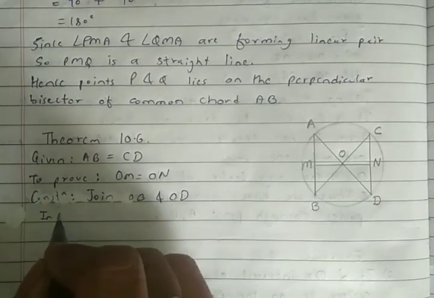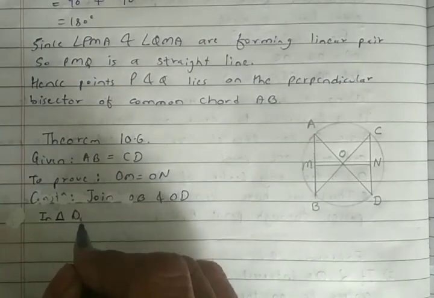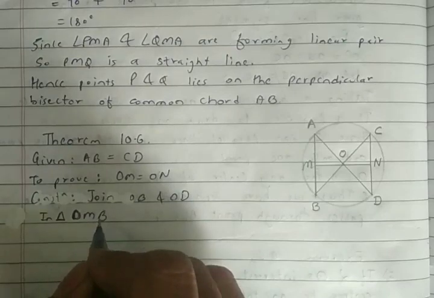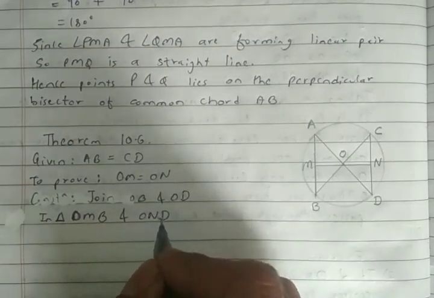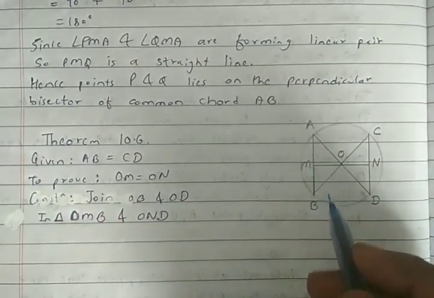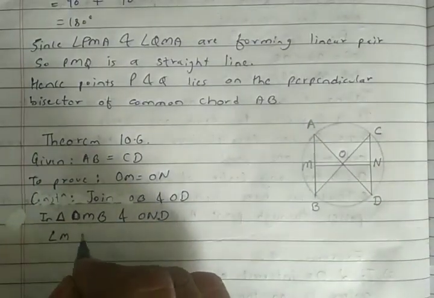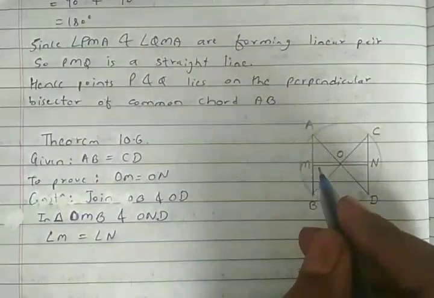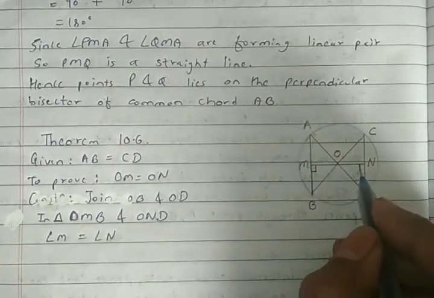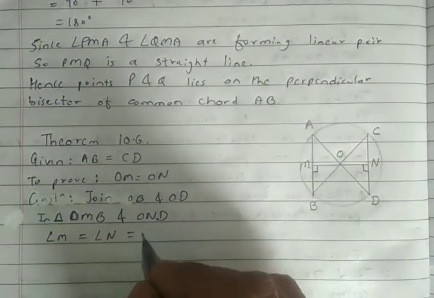Now in triangle OMB and OND, angle M equal to angle N. These both are equal. They are equal to 90 degrees.